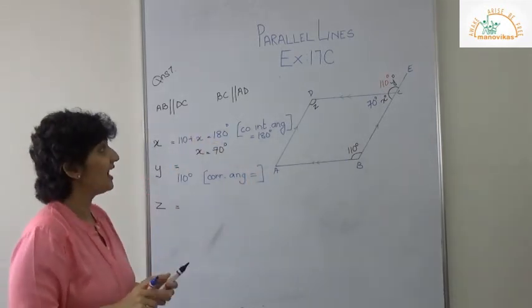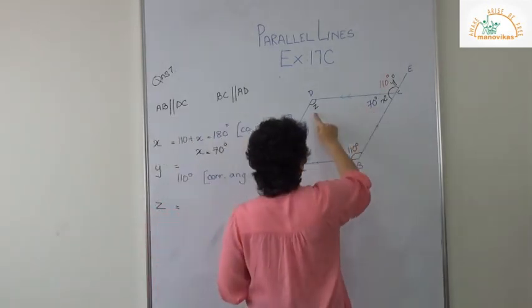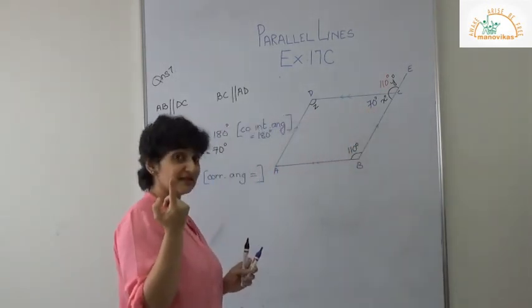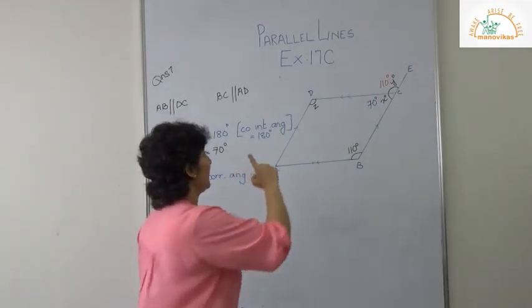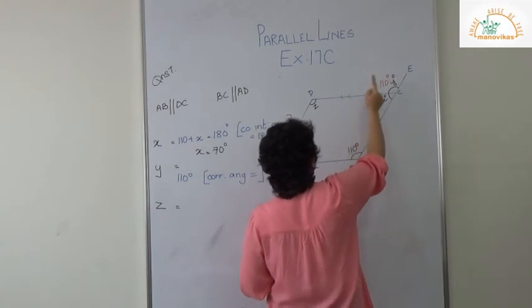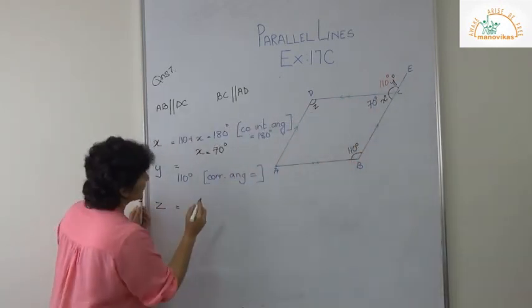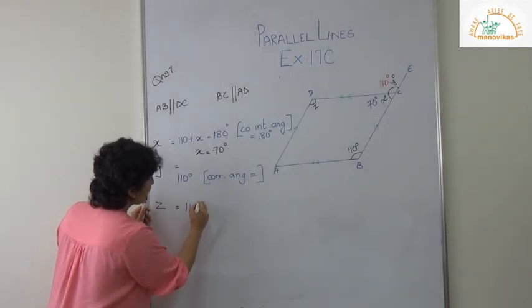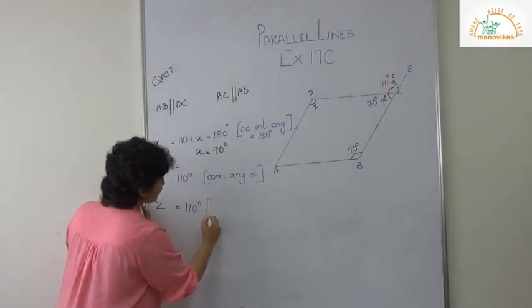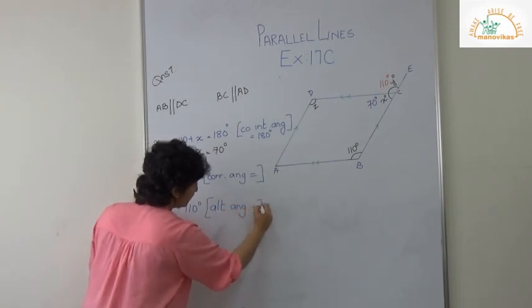And last we have Z. See properly. Yes, we can use these two, but there's another thing also you can try. This Z: you know your alternate angles are equal. You know Z is equal to 110 degrees. Alternate angles are equal.